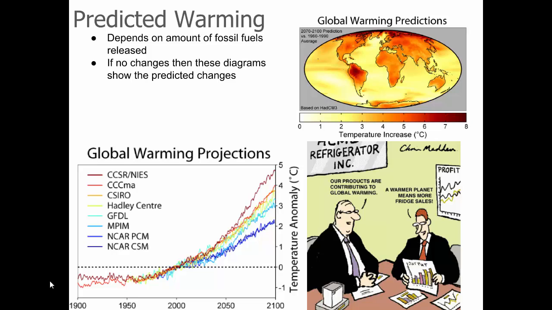If there are no changes, these are the predictions. So these are various models used to predict temperature. These predictions by 2100 range from, at a low end, 2 degrees Celsius, up to 5 degrees Celsius by these models. And again, that has major impacts on the Earth.